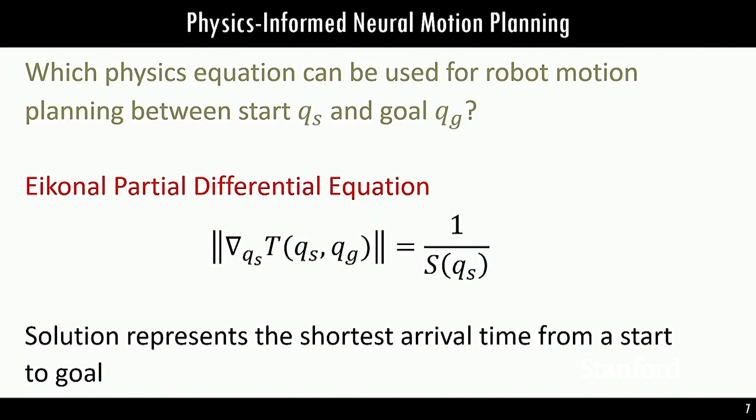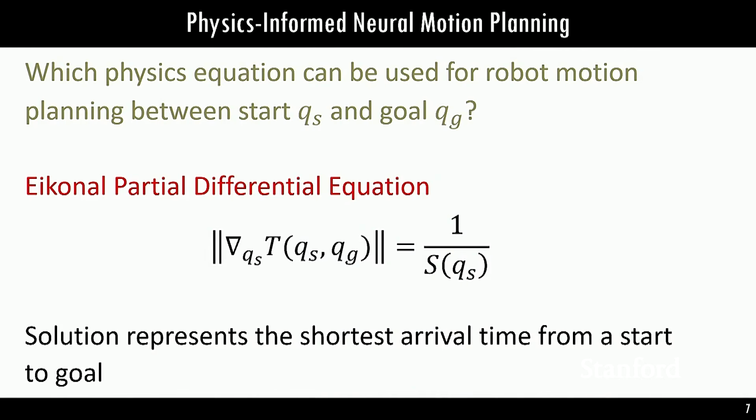When we discuss PDEs, one PDE that you may have heard of is the HJ PDE, the Hamilton-Jacobi-Bellman equation, and it governs the motion of some dynamical systems. But that PDE is very hard to solve. It has singularities, multimodal problems, and when you apply both kinematic and dynamical constraints, it becomes very difficult to solve.